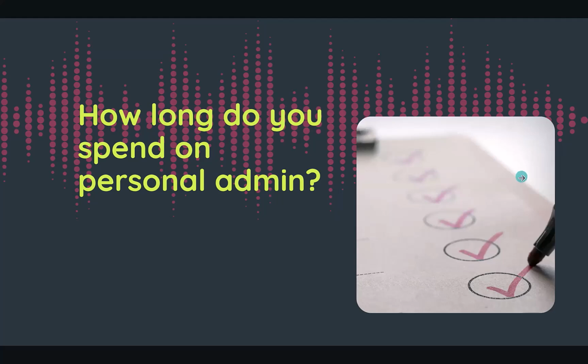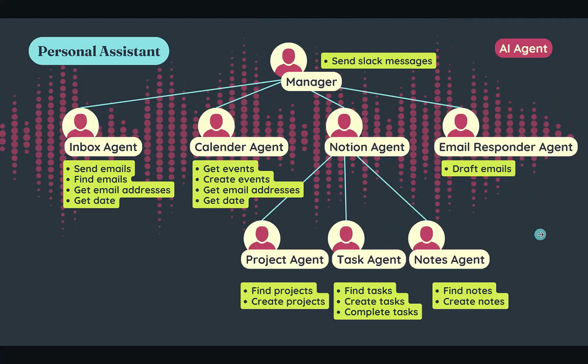This is a classic example of where an AI agent is exquisite. As I talked about before, the typical setup of an AI agent is some kind of manager that then delegates to sub agents. So, this is a picture of my personal assistant.